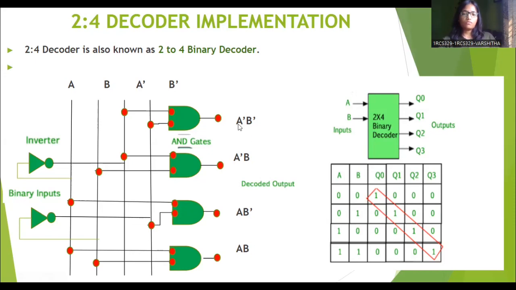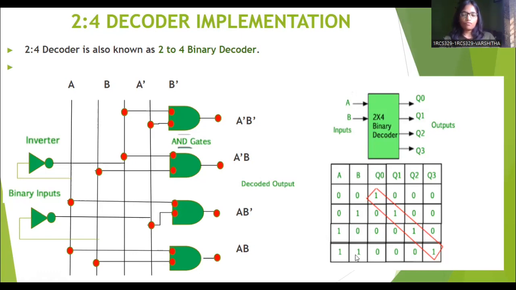Third input signal would be 1 and 0. For this AND gate, Q0 would be 0, Q1 would be 0 again, Q2 would be 1, and Q3 would be again 0.